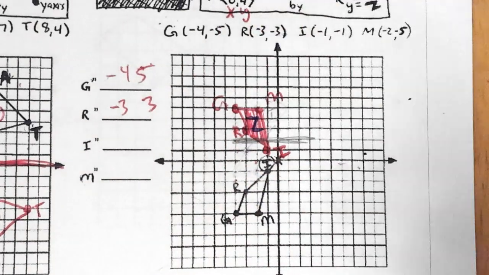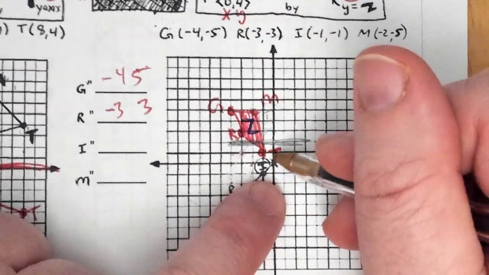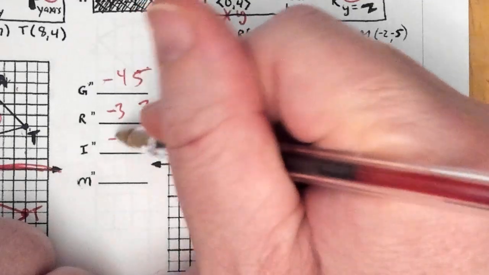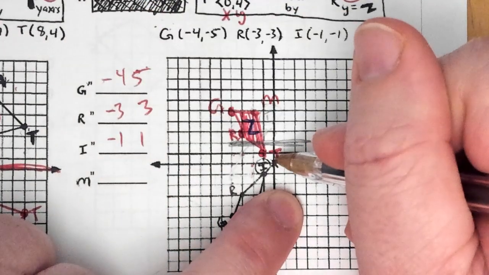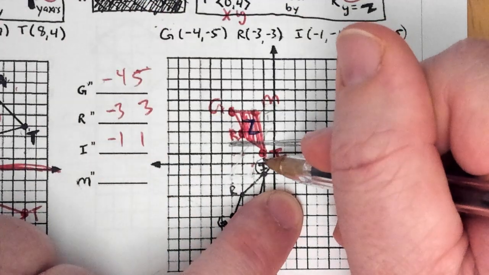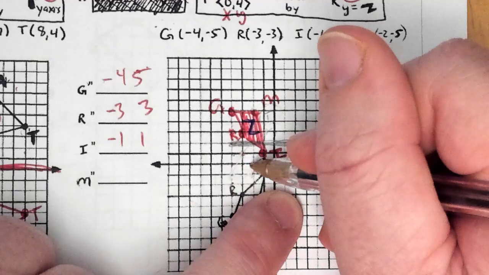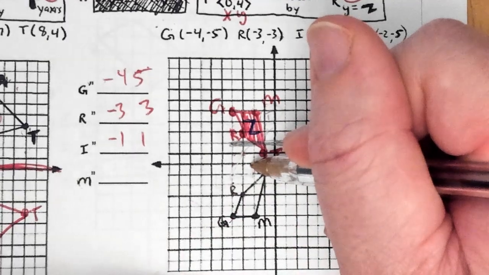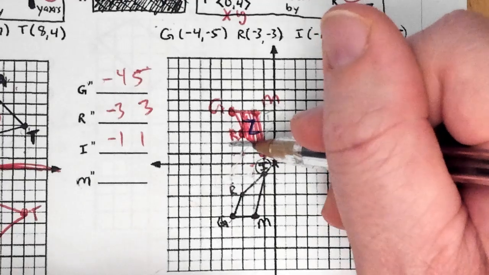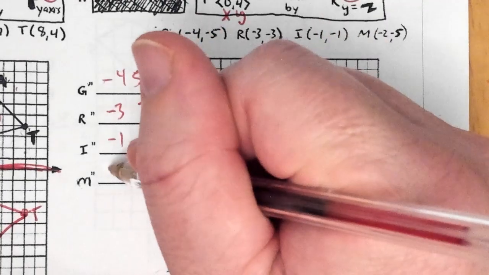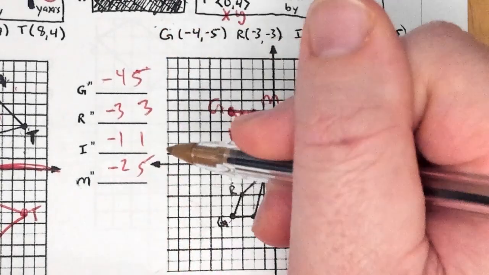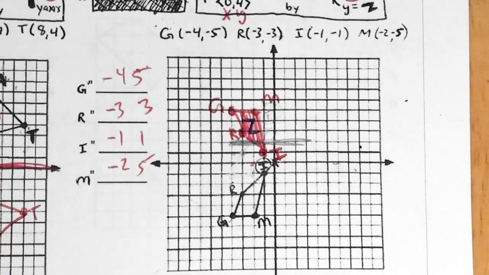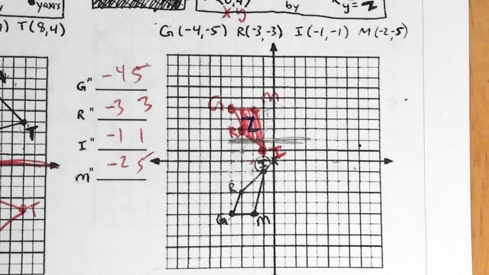Okay, and then where is the letter I? That is -1, +1. And your M, that is -1, 2, +1, 2, 3, 4, 5. So -2, +5. Fabulous.